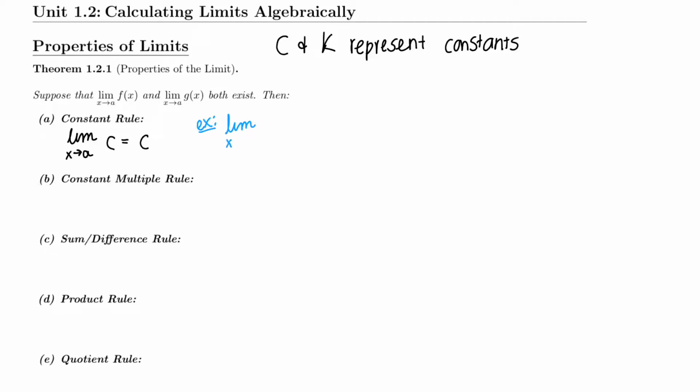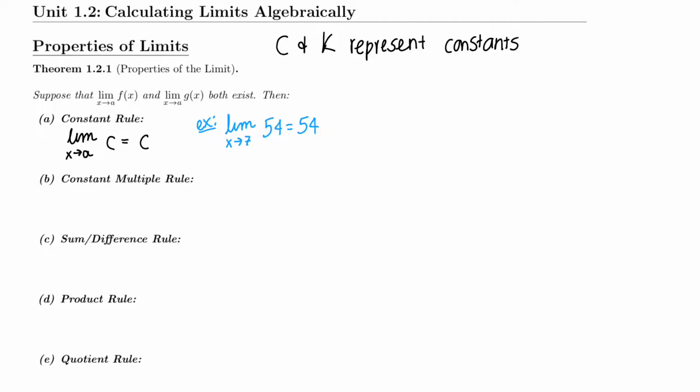The limit as x approaches 7 of 54, which is a constant, is just 54. So if on the inside of your limit there's just a number, that limit is just that number. It doesn't matter what this is approaching. This could be approaching anything. It doesn't matter. There's no x in here, so it doesn't matter. You're not plugging x into anything. This is 54 all the time. That's the constant rule.